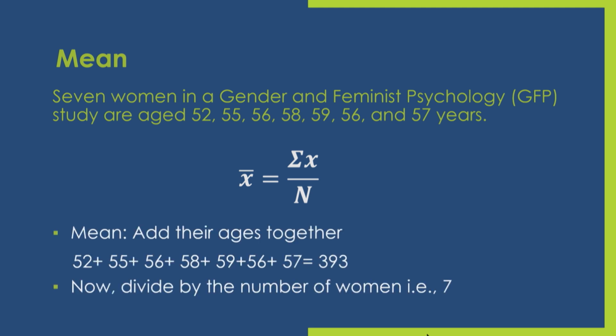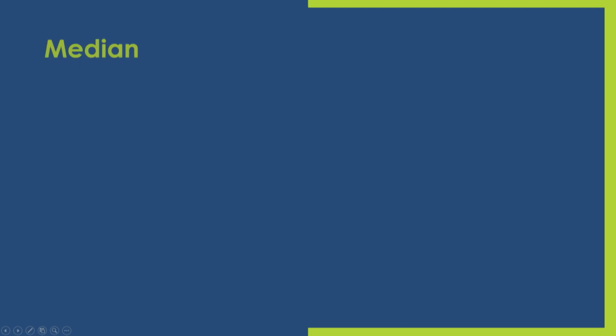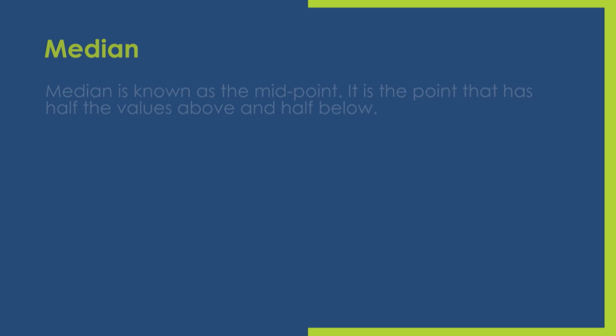First add their ages together, which is equal to 393, then divide by the total number of women in this study. Here the total number of women is 7. Dividing 393 by 7, we get 56.14.